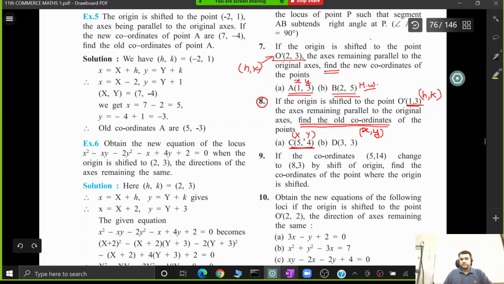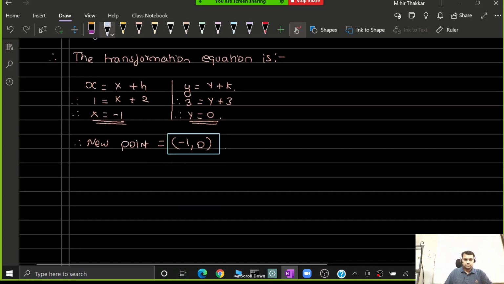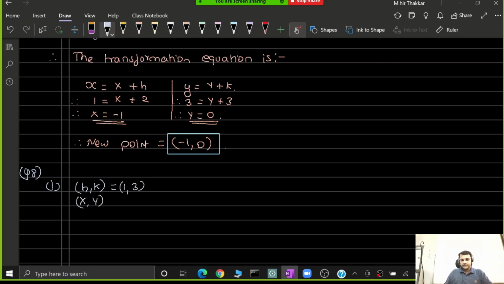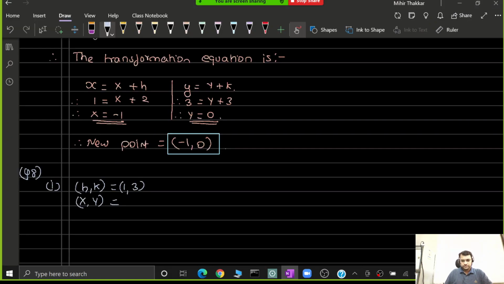So let us write the given information. Question 8, the first one. Origin is 1 comma 3 as we saw just now, and the new coordinate capital X, Y is given to be equal to 5 comma 4.